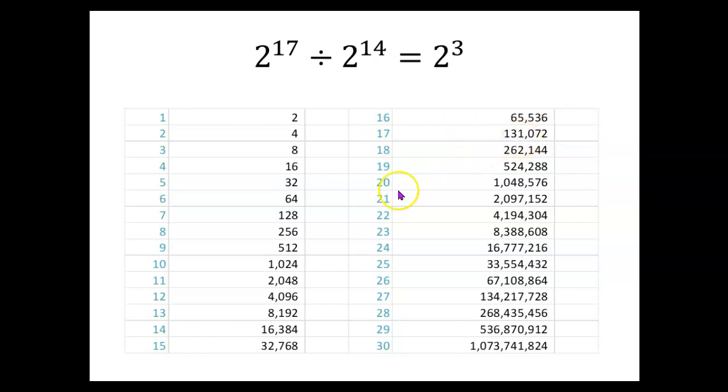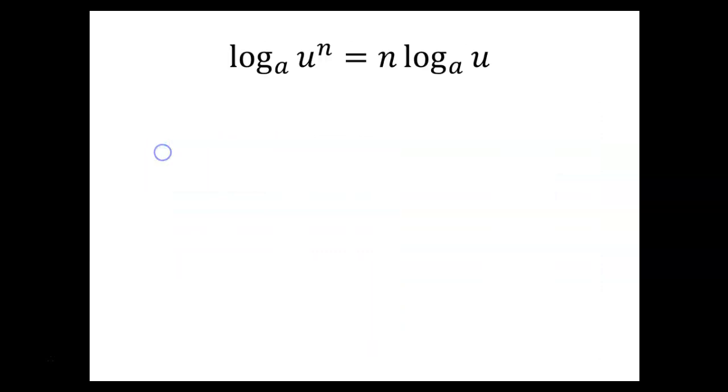If we start with that number and divide by the number whose base 2 logarithm is 14, we end up with the number whose base 2 logarithm is 3. And the third of those properties: the log to any base of a number to a power is equal to the power times the log of just that number.